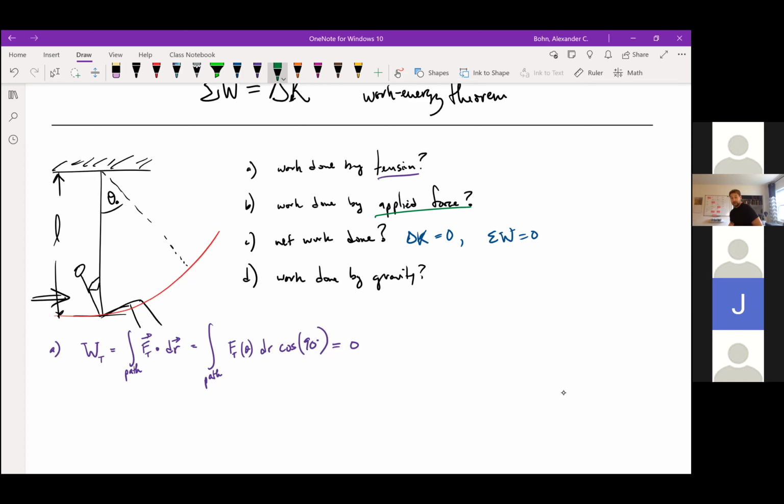So we're going to have to be a little bit more careful. What applied force preserves the equilibrium at any given moment? We need a free body diagram.